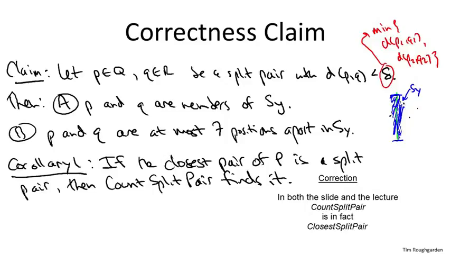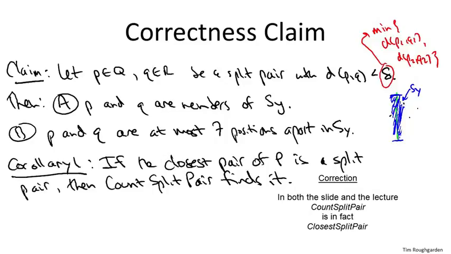Now, what's the content of the claim? Well, the claim is guaranteeing that every potentially interesting split pair of points, namely every split pair of points with distance less than delta, meets both of the criteria which are necessary to be examined by the count split pair subroutine. So first of all, and this is the content of part A, if you have an interesting split pair of points with distance less than delta, then they'll both survive the filtering step. They'll both make it into the array SY. Part B says they're almost adjacent in SY.